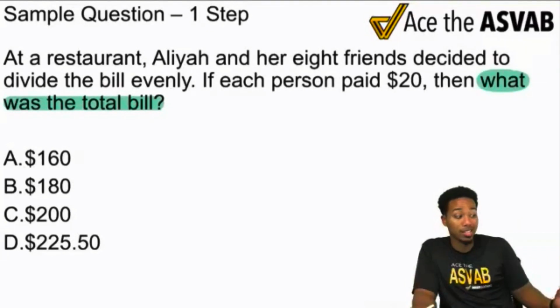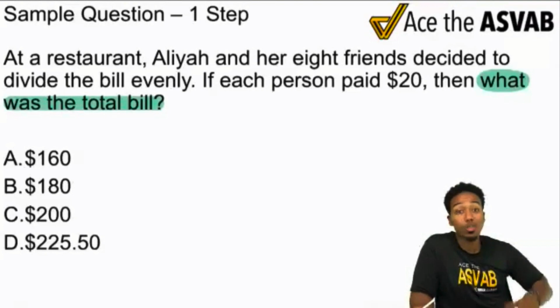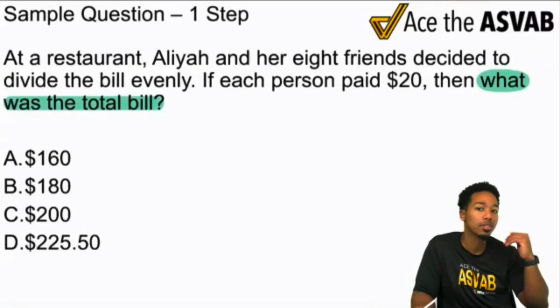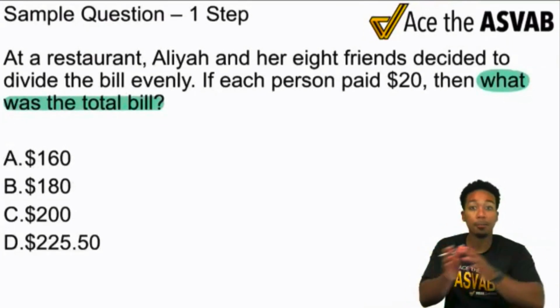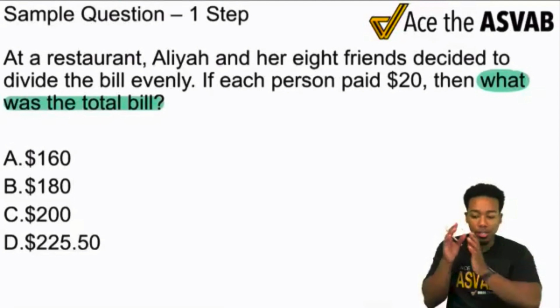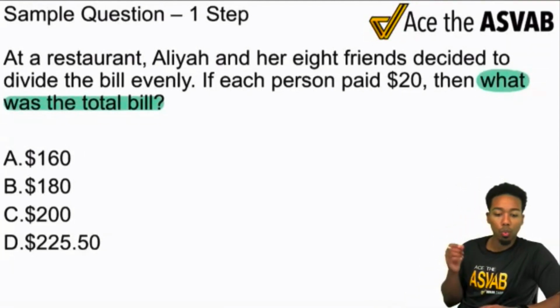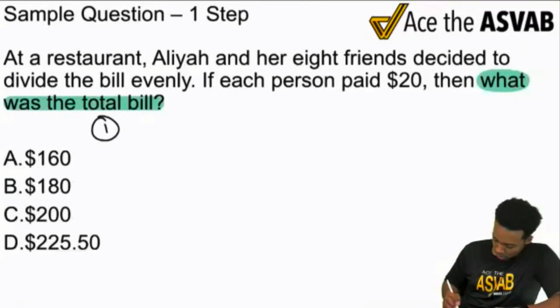So basically saying like, if the sun is up, what am I doing today? The question is, what am I doing today? A condition, information, is the sun is up. So I want you guys to really understand the difference between information and proposition or question. There's a big difference. So what was the total bill? That's what we're looking for first.